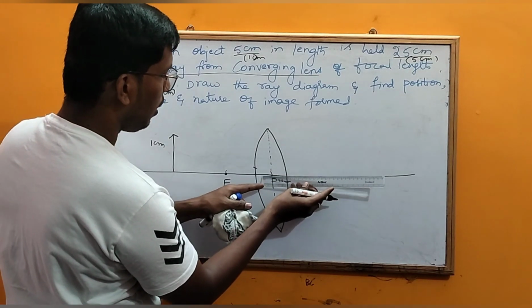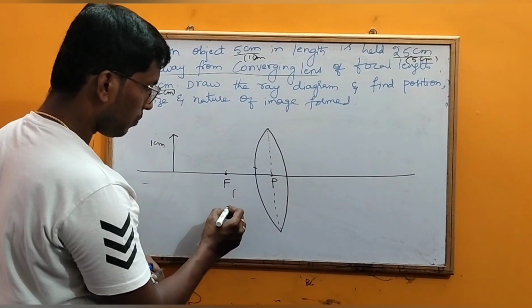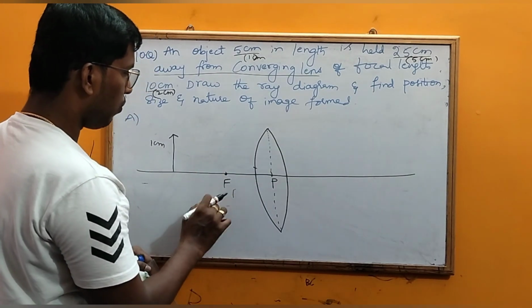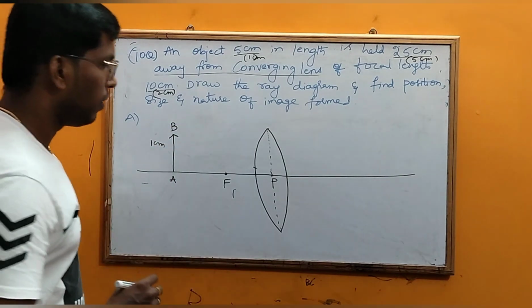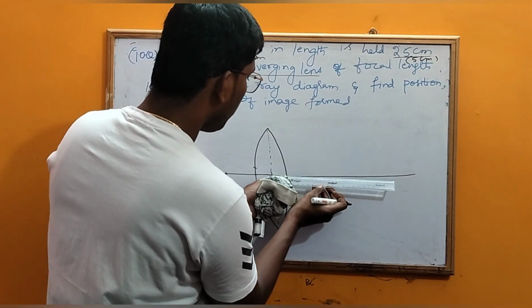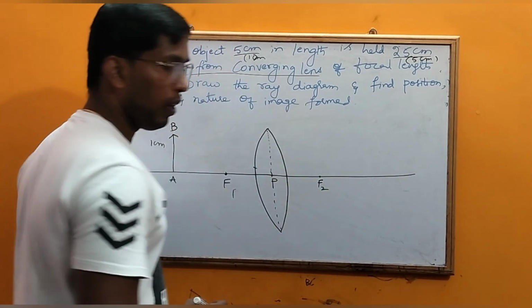So here, 2 centimeter in your book. Let us assume the image is AB, and here I will draw 2 centimeter on the right side, f2.